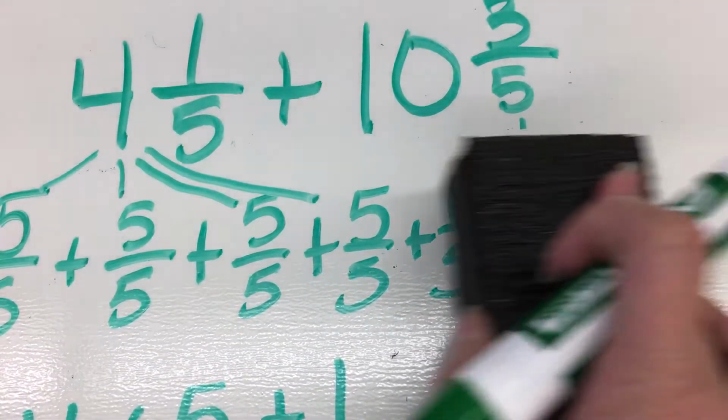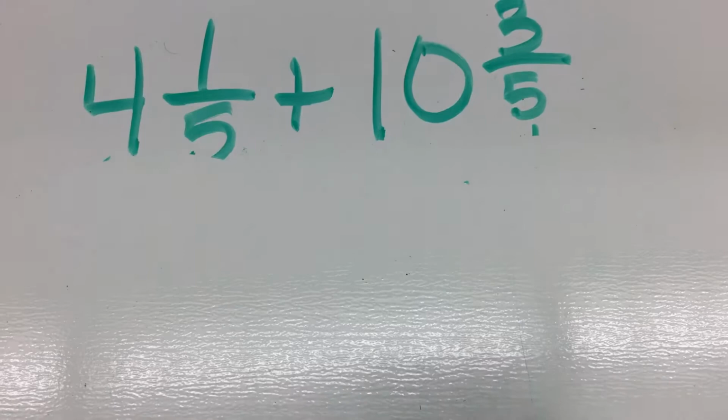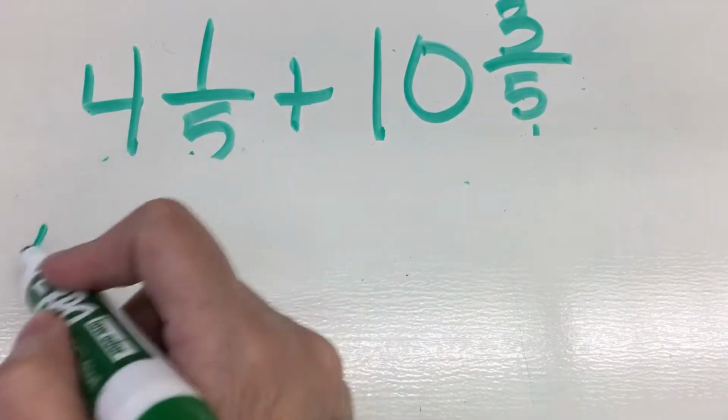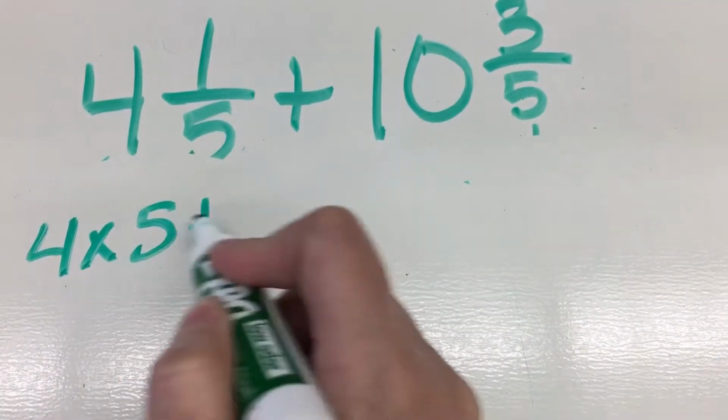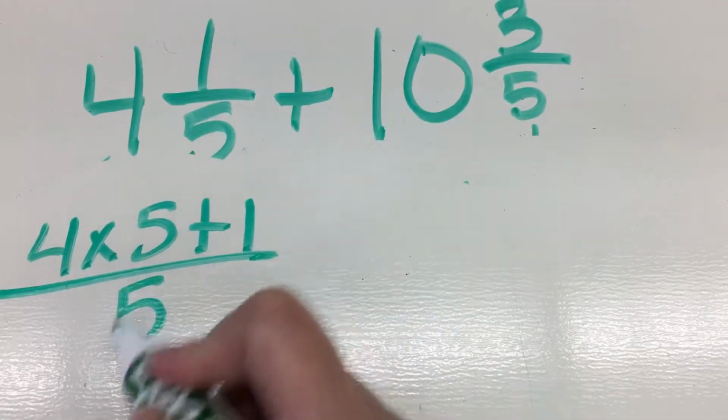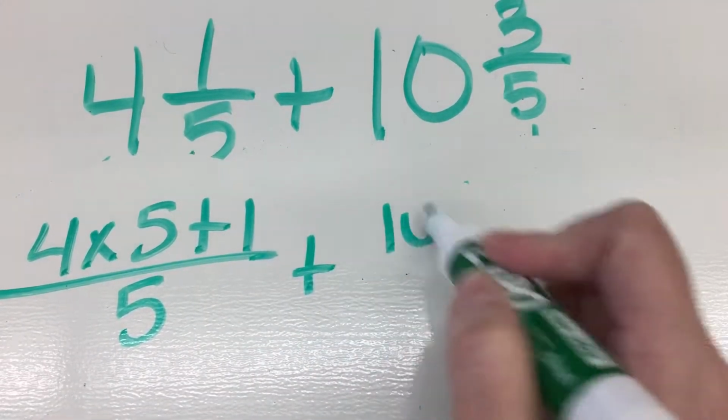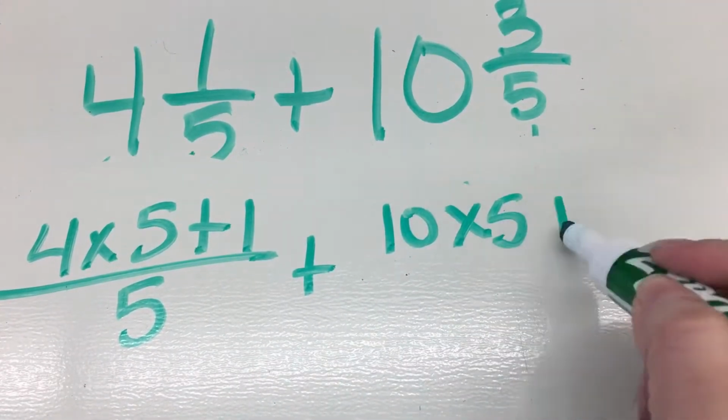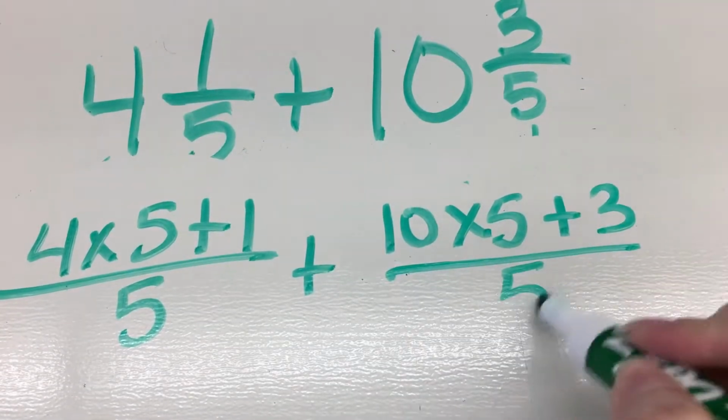So we're going to go ahead and erase all this part. And we're going to do the 4 times 5 plus 1 over 5 plus 10 times 5 plus 3 over 5.